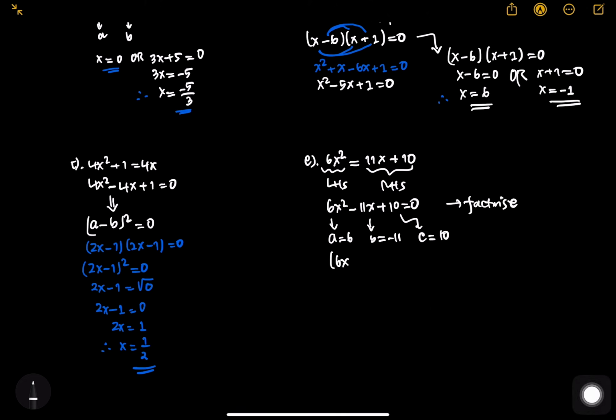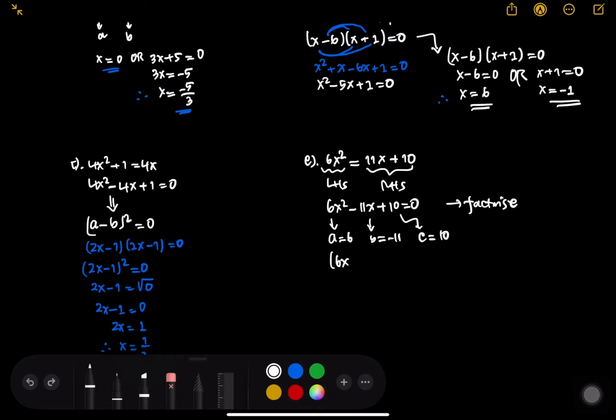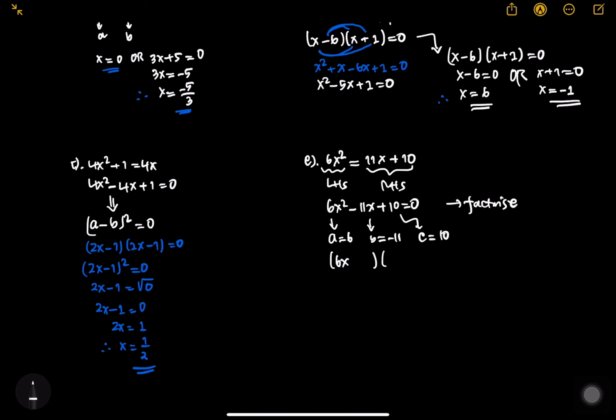But when I try to solve by putting 6x and x equals 0, I think it's going to be difficult to find the values of b and also c, because when I put 6x, the possible one that I can put here is 2, but it is not going to be right if I put 5 in order to get c equals 10.